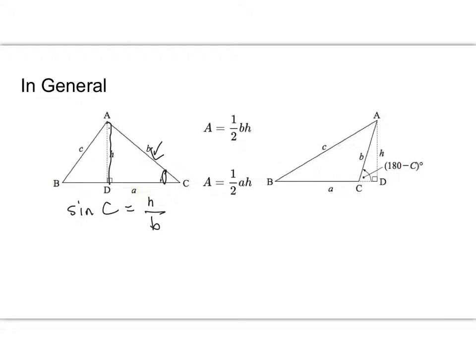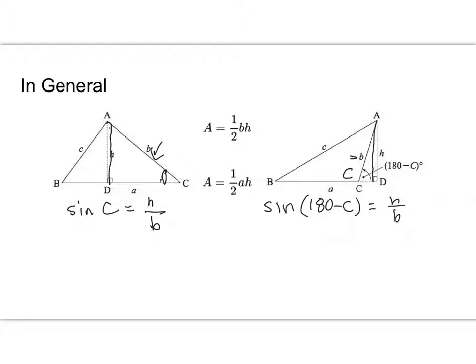If our triangle is obtuse, well then our height is on the outside of the triangle, and the sine of the angle, if this is angle C, is actually 180 minus C, and that equals the height over our hypotenuse B here.